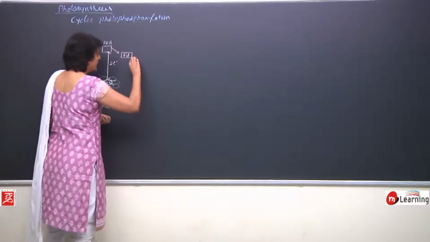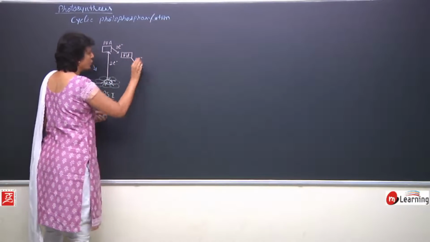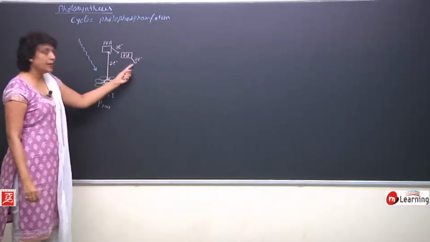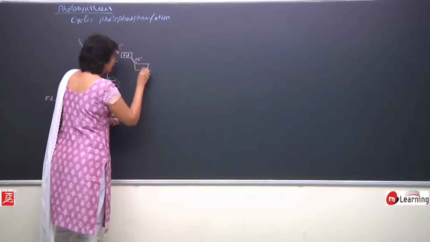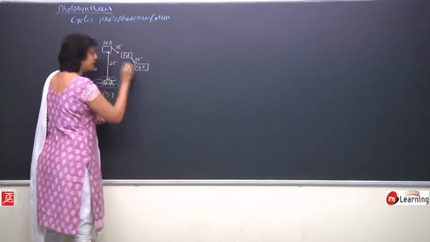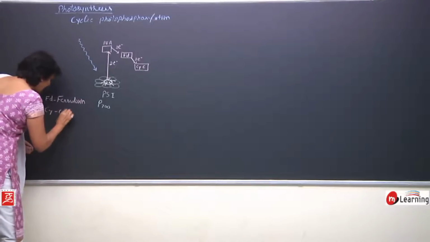From here on, on all arrows, we need to write down what is moving from one acceptor to the other: a pair of electrons. Then it is taken by the cytochrome complex. So, Cy is for cytochrome.